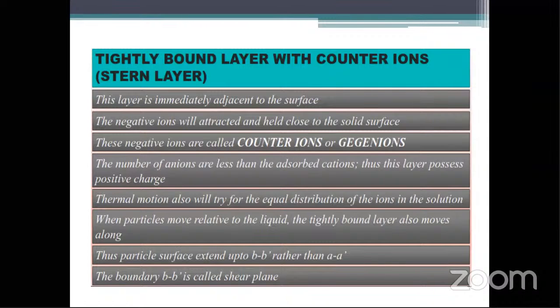The number of anions is less than the adsorbed cations, thus this layer possesses positive charge. But the thermal motion also tries to equalize the distribution of ions in the solution. So when particles move relative to the liquid, the tightly bound layer also moves along. Thus, the particle surface extends up to B dash rather than A dash. So the boundary B dash is called the shear plane.